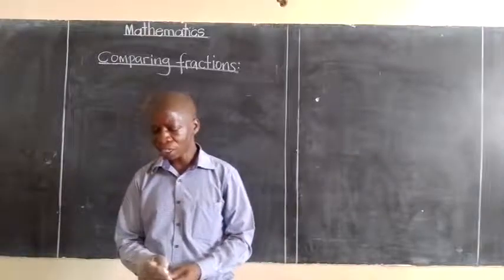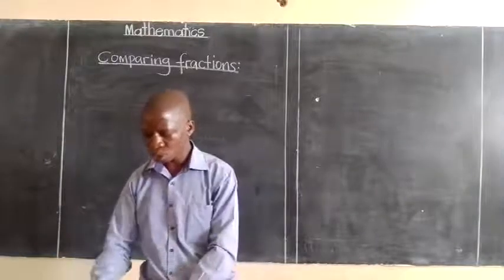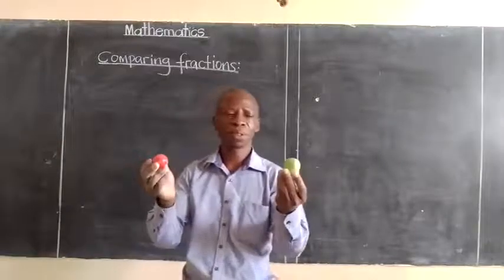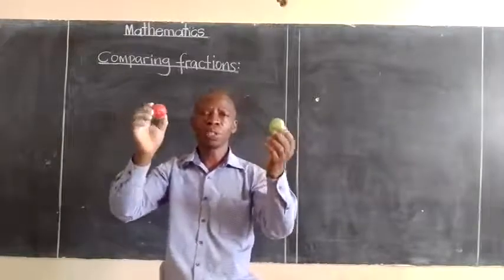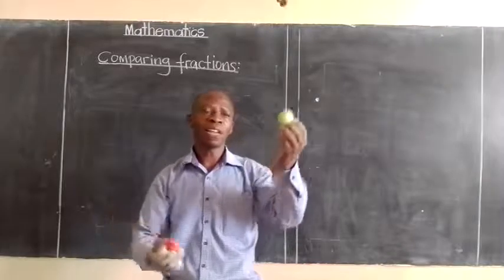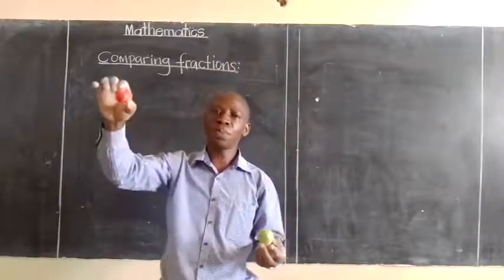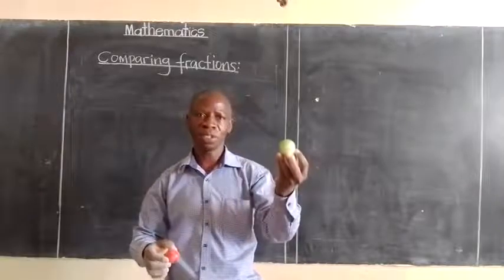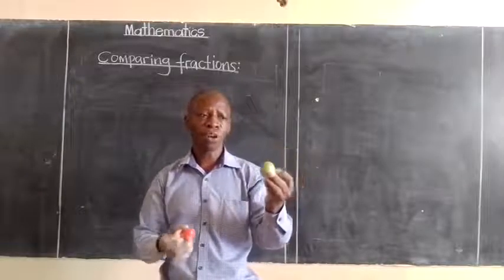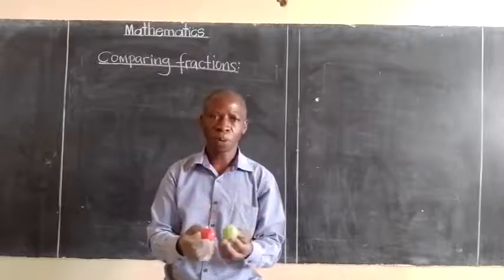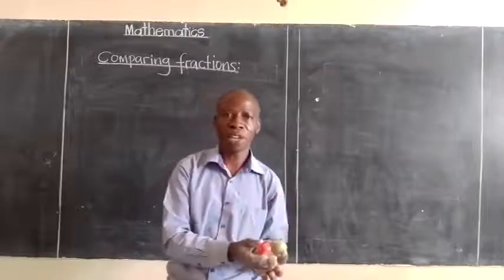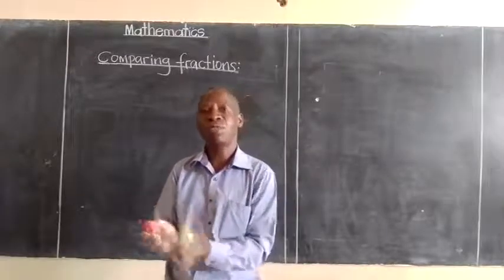We can still compare this tomato to this one. This one is smaller and this one is bigger. At the same time, this one is ripe, this one is green. So we are trying to give the difference.